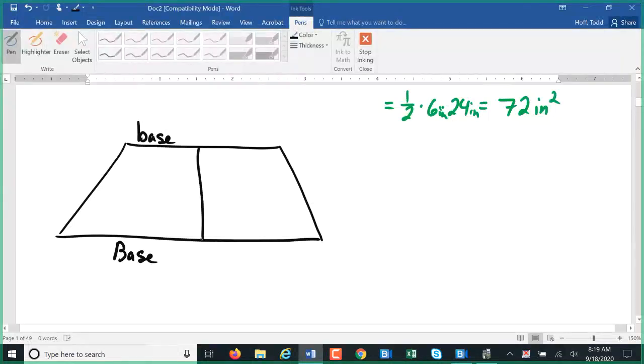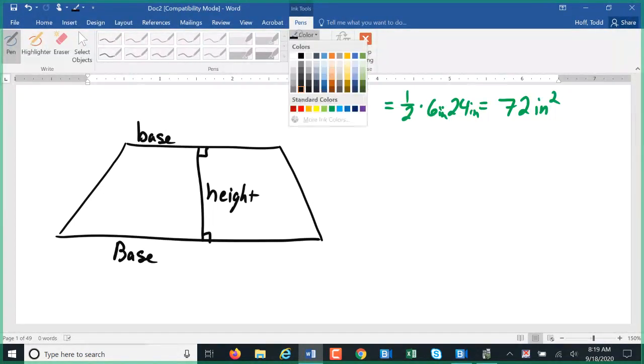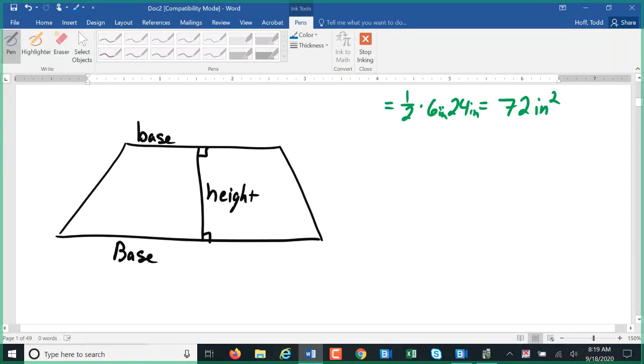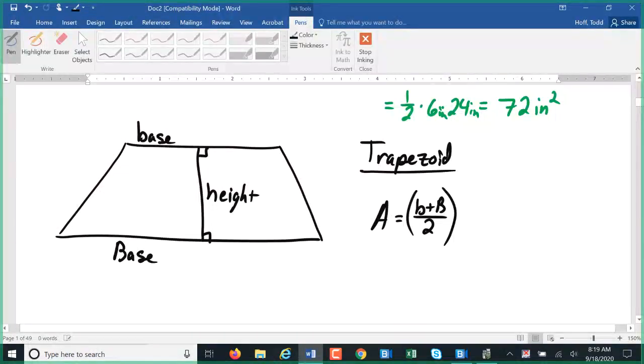The distance between those bases is the height, or sometimes referred to as the width. So for a trapezoid, the area is the average of the bases, little b plus big B divided by 2, times the height.